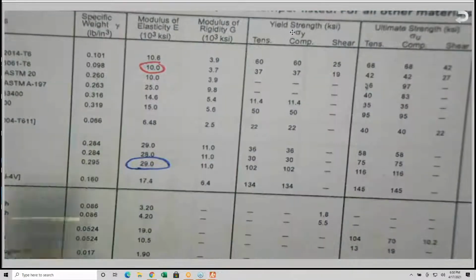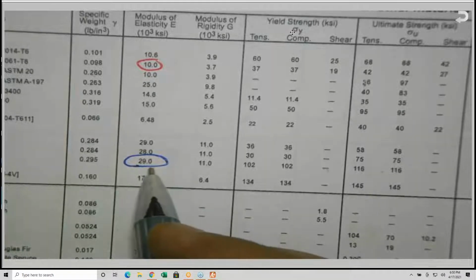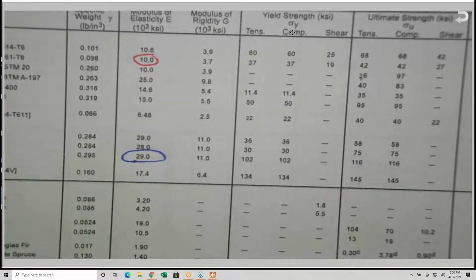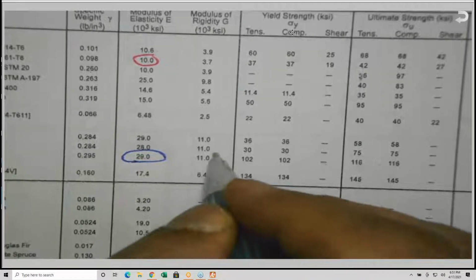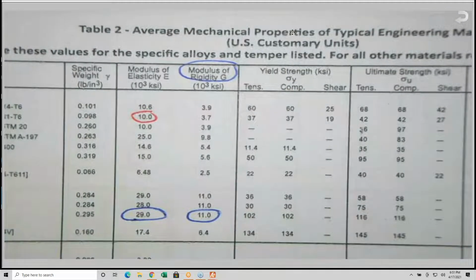So for steel we have one number. Normally we use 29 million psi, or 29,000 ksi. If you look at the number next to it, which is G, the modulus of rigidity or shear modulus, this G has three names.